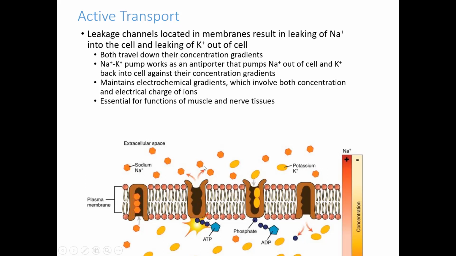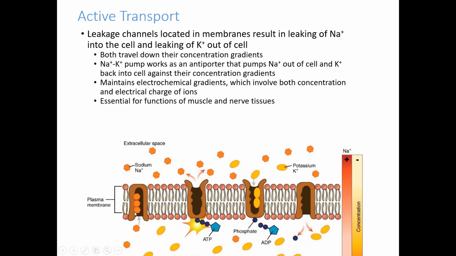The pump will close the inside opening. It will close this side and open to the outside, and pump 3 sodiums out. Now that it's left open, it will grab onto 2 potassiums and bring them back in. And now it's got to reopen, ready to do it again.